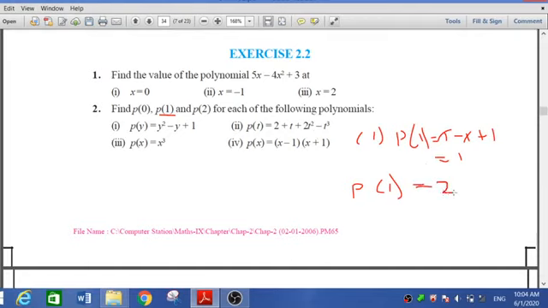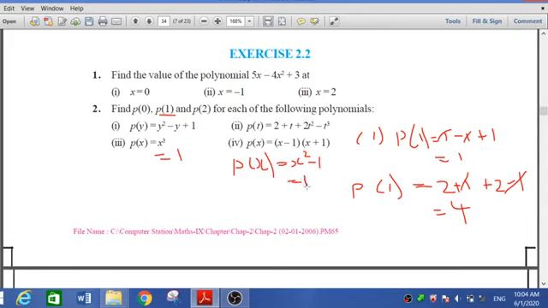So 2 plus 1 plus 2 minus 1, the minus cancels, so the answer is 4. Here P of 1, so the answer is 1. Here x squared minus 1, P of x is equal to x squared minus 1.